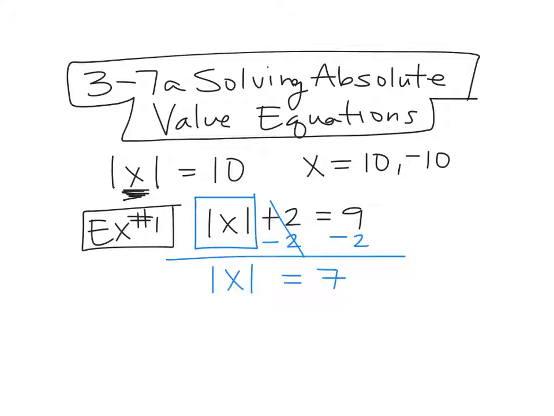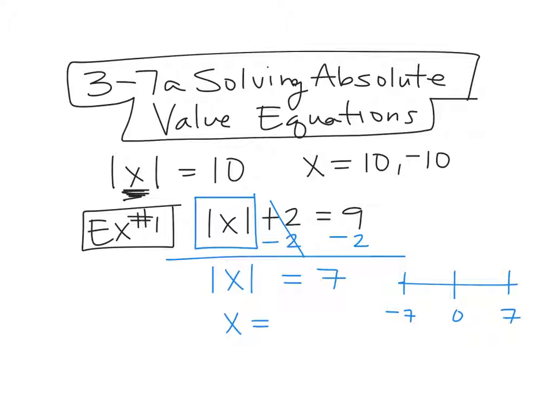So if the absolute value of x is 7, what are my two answers? X equals 7 and not 9. What is 7 units away from 0? If this is 0, I could go 7 here, or I could go negative 7 here.